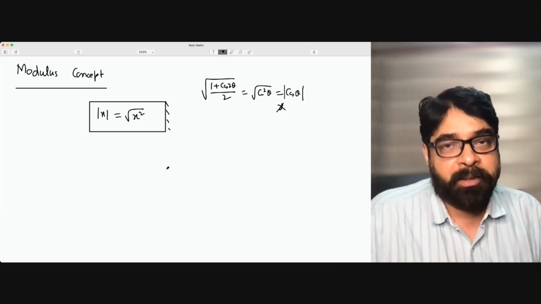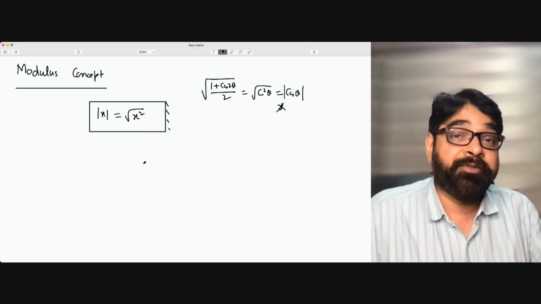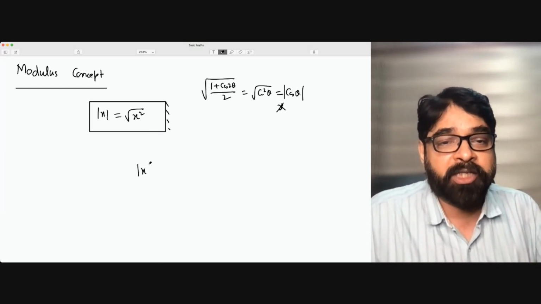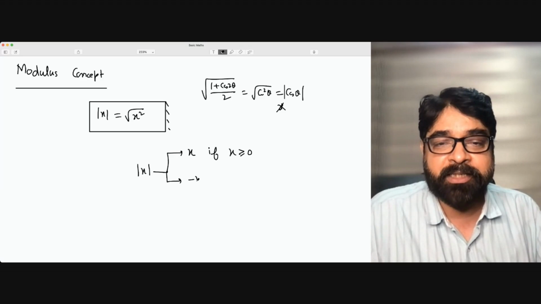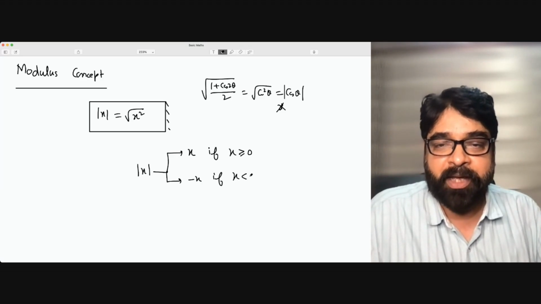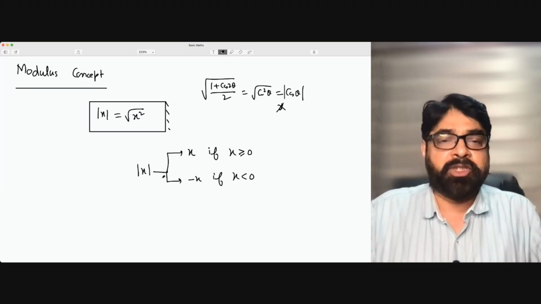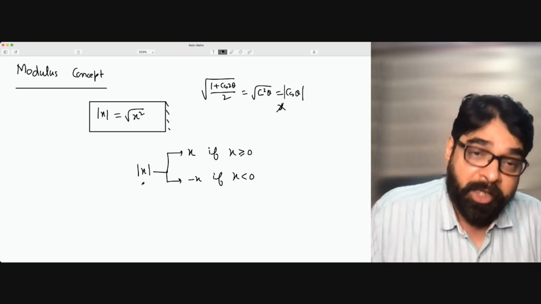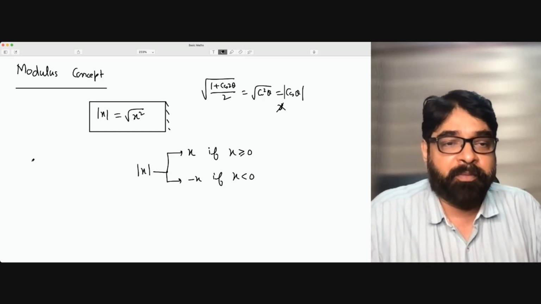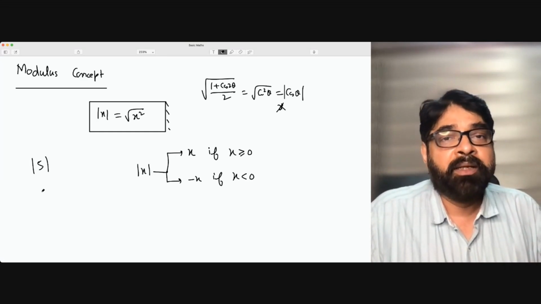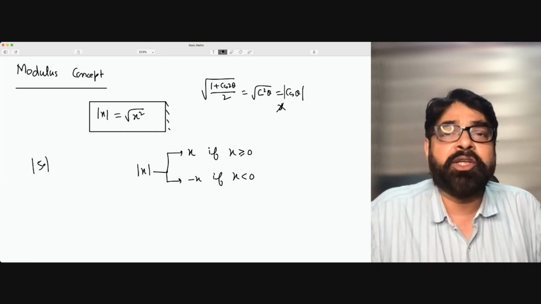So that is the meaning of mod x. If you want to write mod x without mod, we define it this way. Mod x will be written as x if x is greater than or equal to 0, and it will be minus x if x is less than 0. Am I right? Obvious, because this total value has to be positive. If x is already positive or 0, you can directly remove mod. For example, mod of 5. 5 is already positive, so what is the use of this mod?